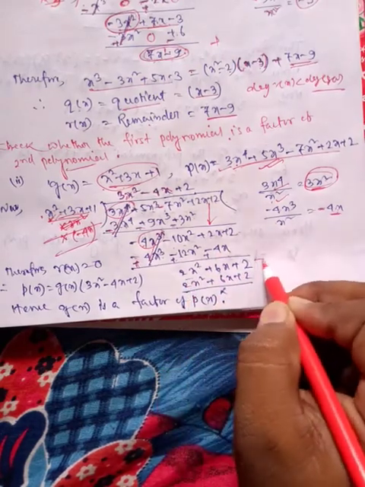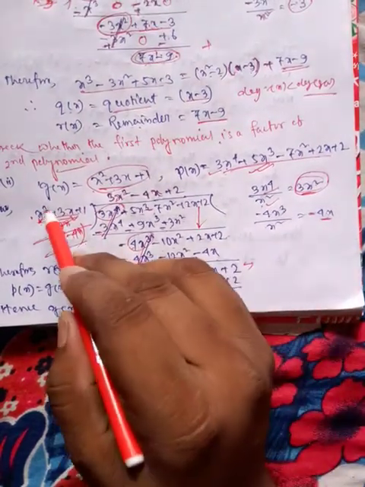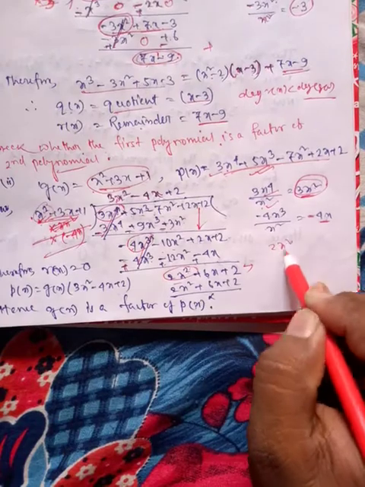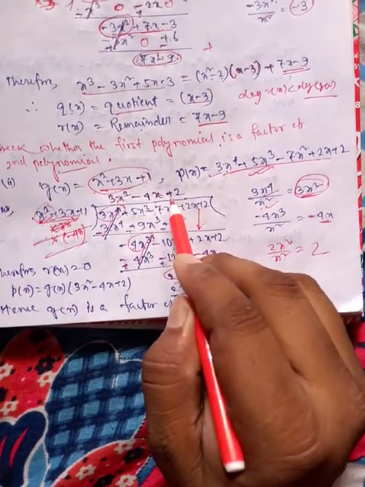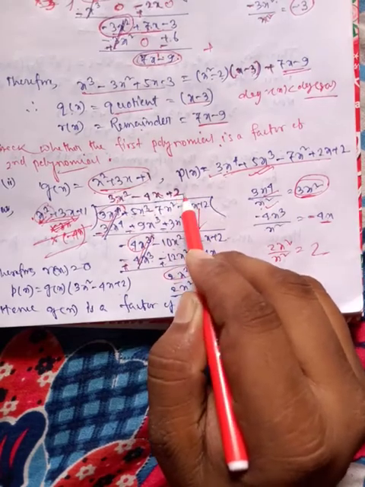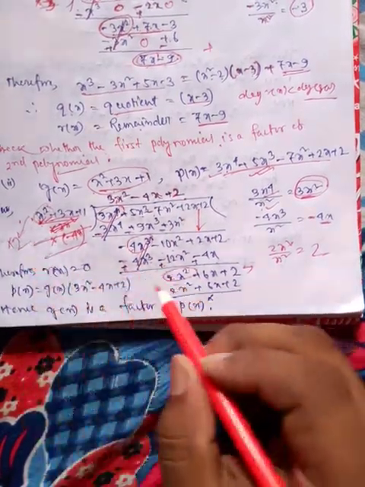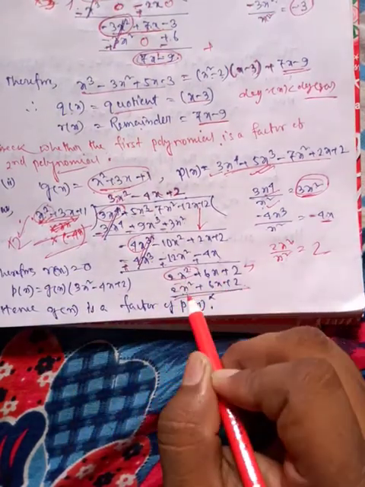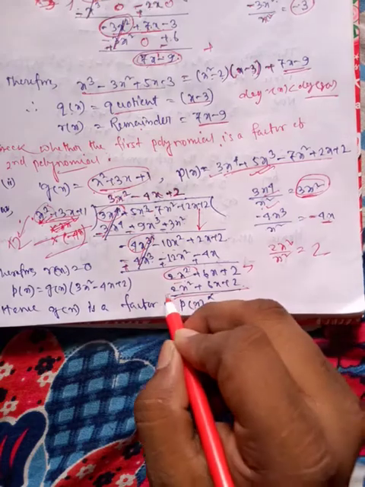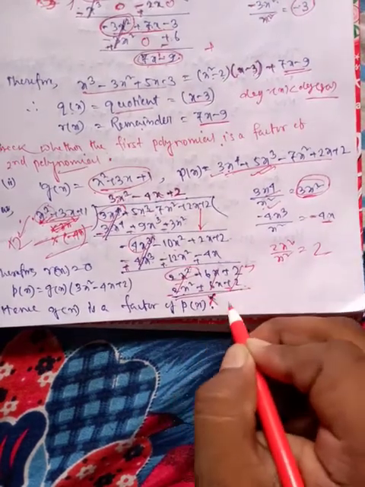This will be your remainder here. Again, divide the first term of this by the first term of the divisor, that is 2x square by x square, which means 2. So write 2 in the quotient, and multiply this polynomial by 2. Then 2x square plus 6x plus 2 completely matches. So change the sign and it cancels, and the remainder is 0.